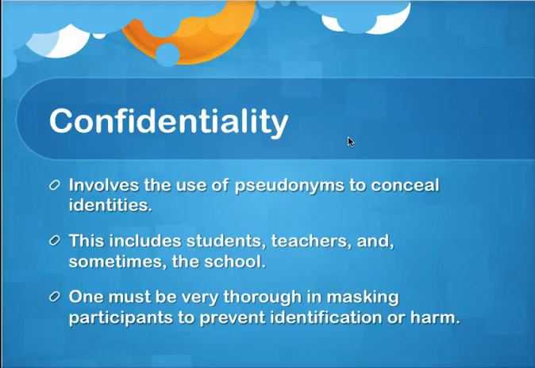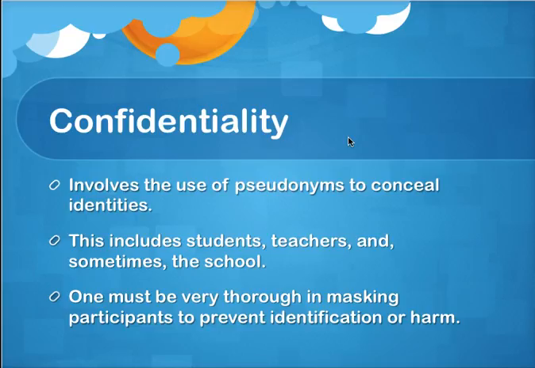So if you're doing research in a particular school, by naming the school, there could be clues as to who the students were, who the participants were in the project, and that is a lead you don't want to leave. So it may be that you have to give the school a pseudonym, the location a pseudonym, and the student. So we're going to look very carefully at your research projects and what you decide to do and the issue of confidentiality.